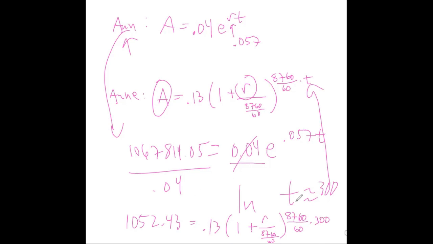Solve this equation, and it should be the case, as it said on the key, that R is about 3%. How do I solve this equation? Divide by this first, and then turn this into a fraction, use the reciprocal power, then subtract the 1, then multiply both sides by this fraction. So follow those steps, and you should see that R is about 3%.